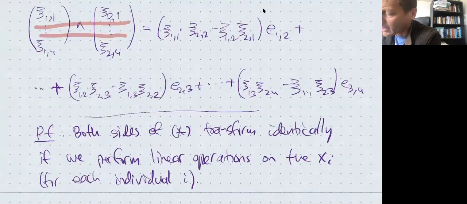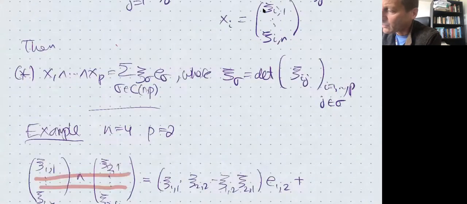Scroll up to the right-hand side. So on the right-hand side, this is one of the multi-indices. This is one of the standard basis vectors in our Grassmannian. And this is some kind of linear combination of them. So we have to figure out all the different coefficients here. First of all, if sigma is sigma 0, then this matrix just becomes the identity, and so the coefficient in front of E sigma 0 is 1.